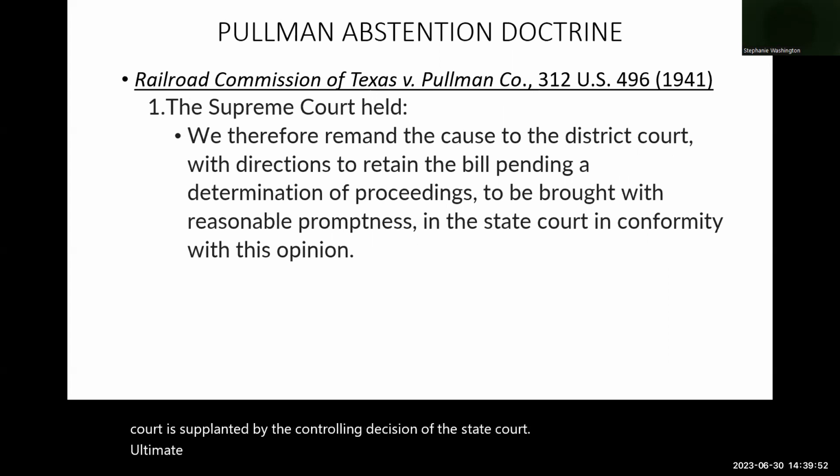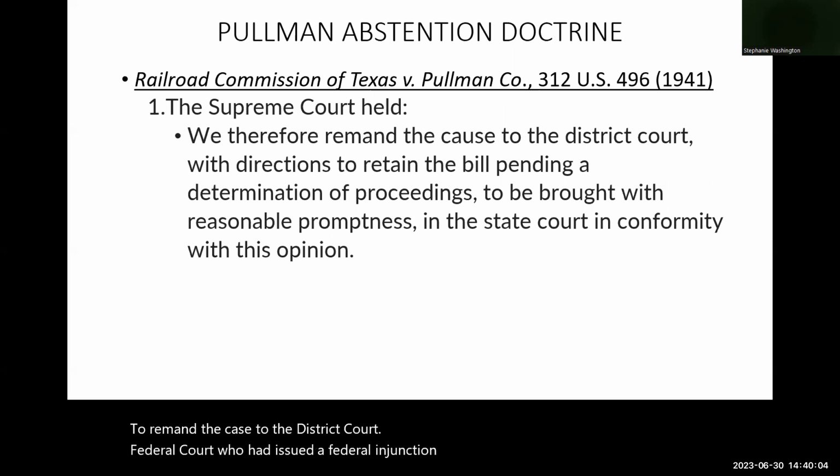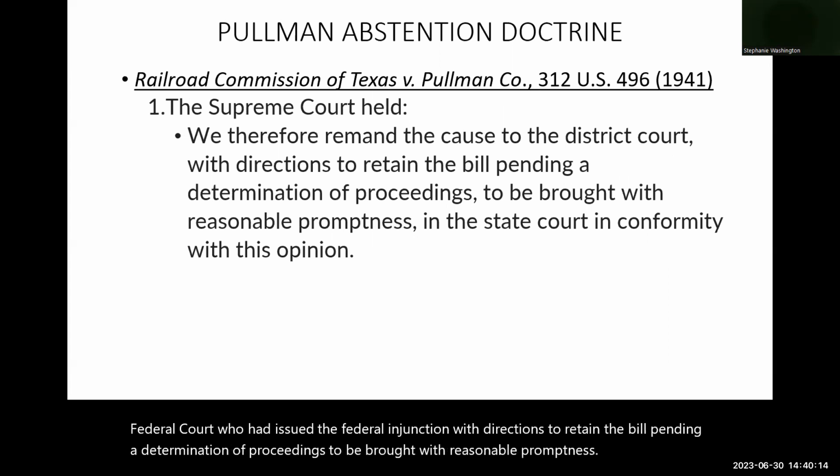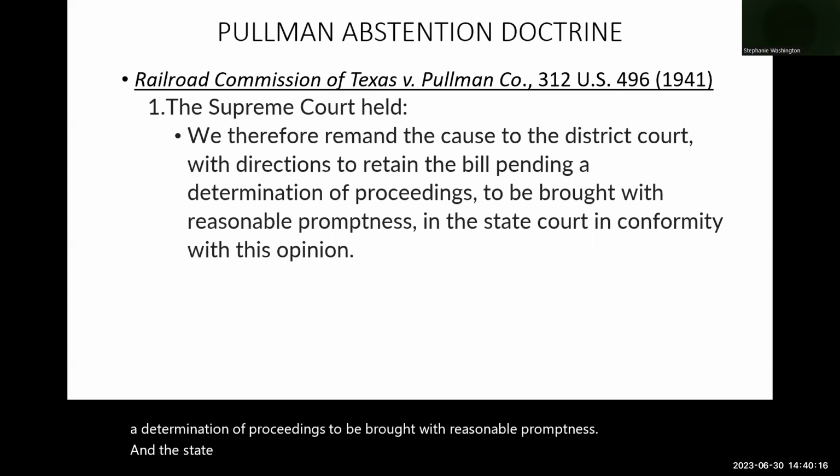Ultimately, the Supreme Court held in Railroad Commission of Texas v. Pullman to remand the case to the district court, federal court, who had issued the federal injunction, with directions to retain the bill pending a determination of proceedings to be brought with reasonable promptness in the state court in conformity with the opinion.